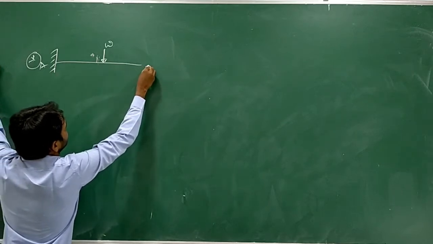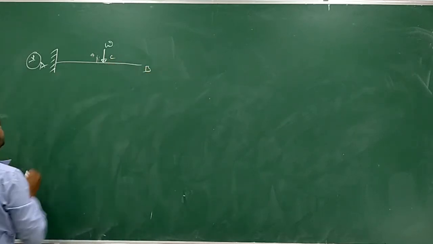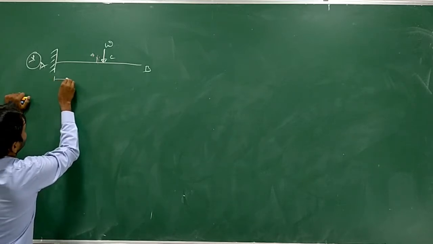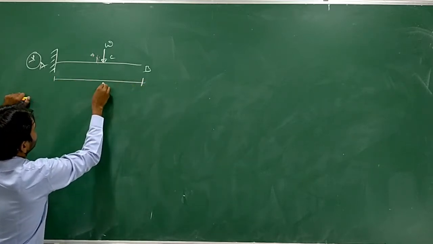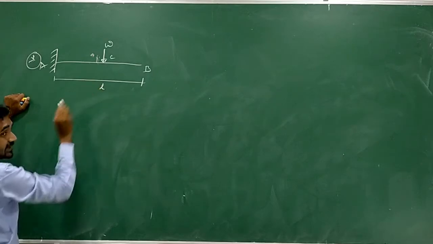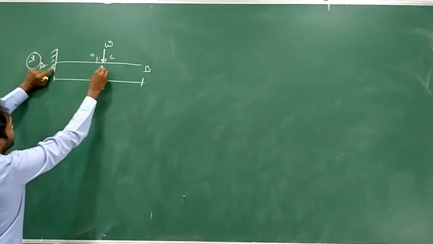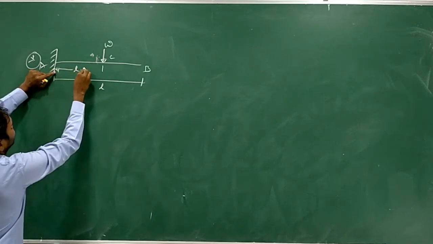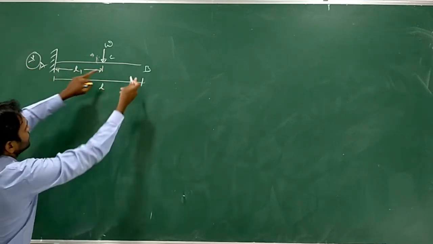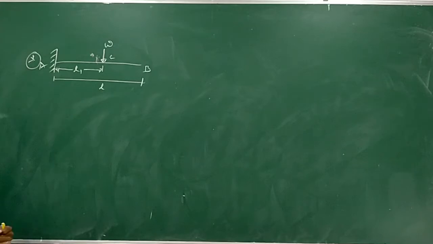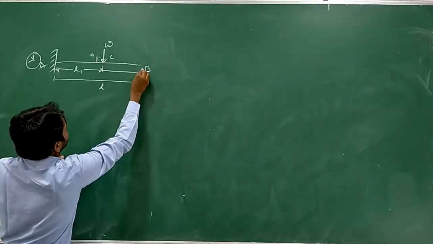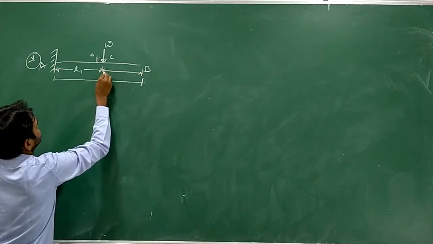Let this be A, let this be B, let this be C. Here L is my total length of the beam, from here to here. Now from here to here, let it be taken as L1. What about this distance? That will be L minus L1.